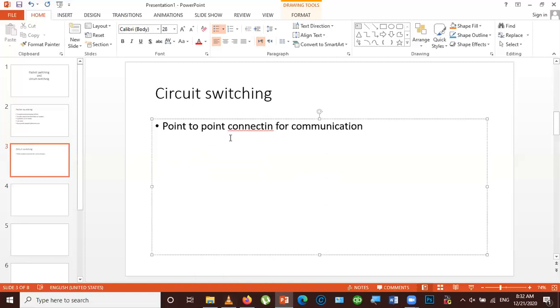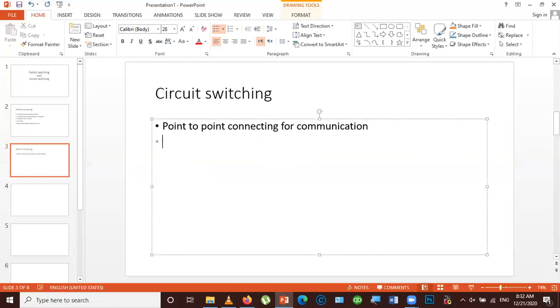In packet switching, we do not communicate point to point. There are packets which communicate from one place and are then received at another place.